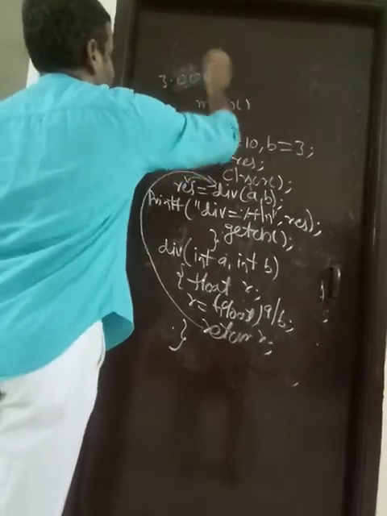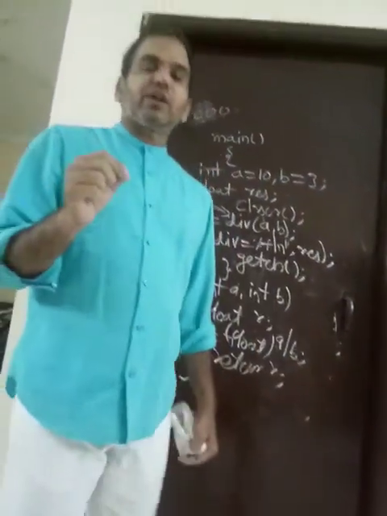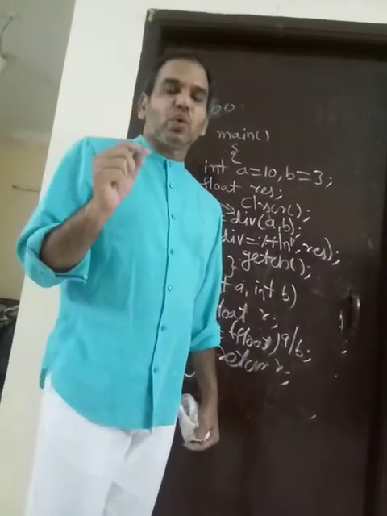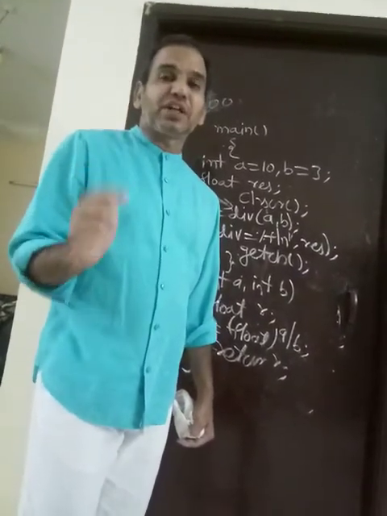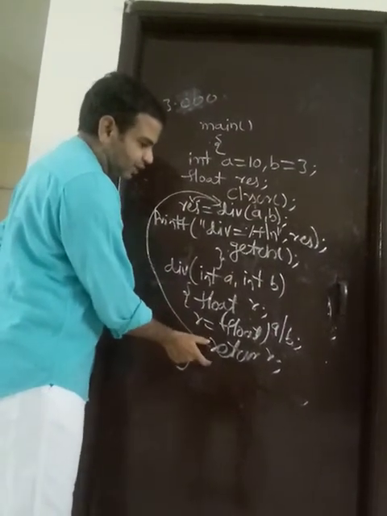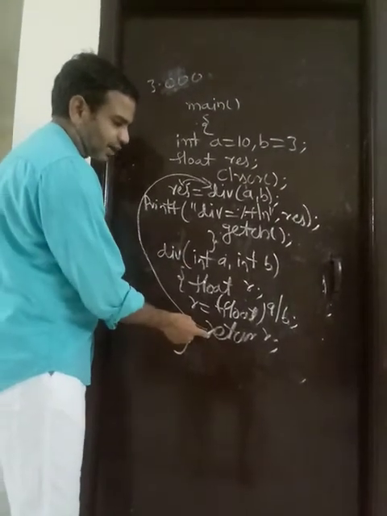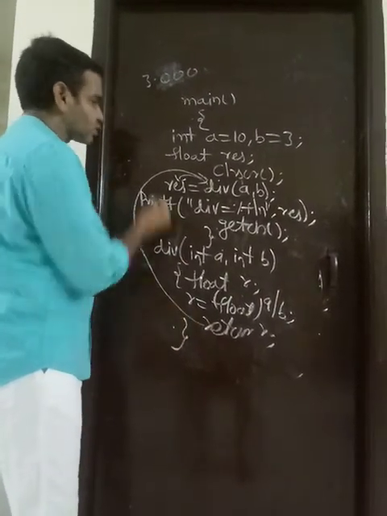Why? The question is why we are getting 3.00? Because in C language by default a function returns only one value, that should be integer. Here we are getting the result as a float value, but by default it returns only integer. We are getting 3.33, it returns only 3.